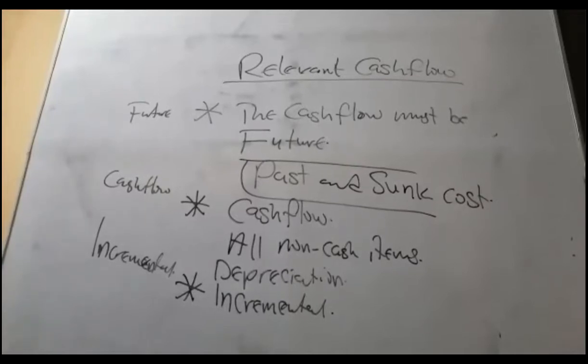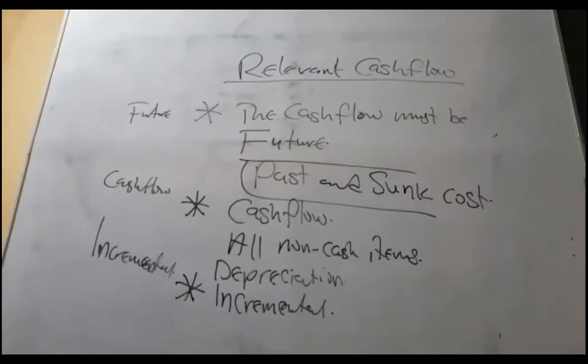Cash flows that, if the project is not there, will not be incurred. So without the project, that cash flow will not exist. That's the cash flow that we are looking for.